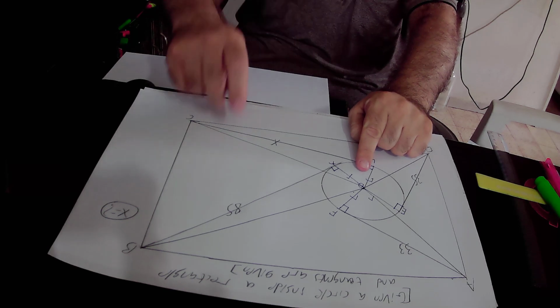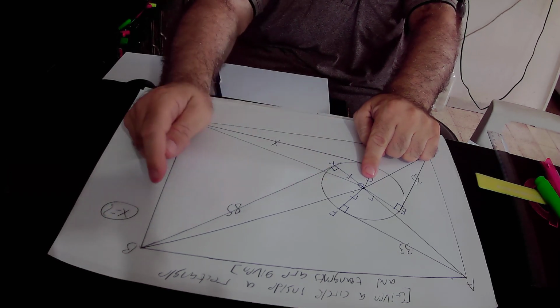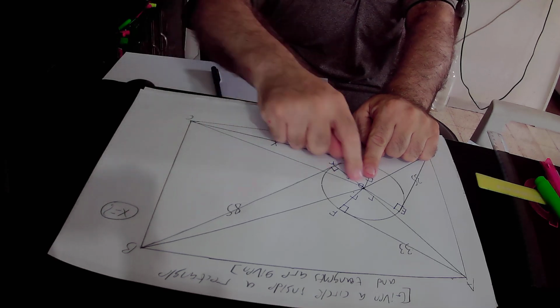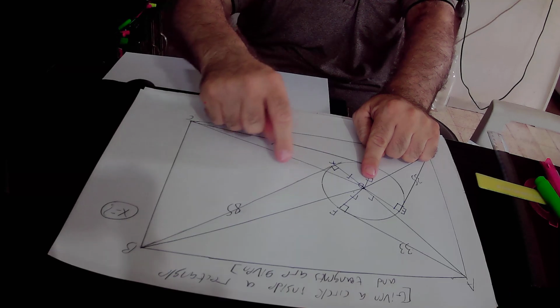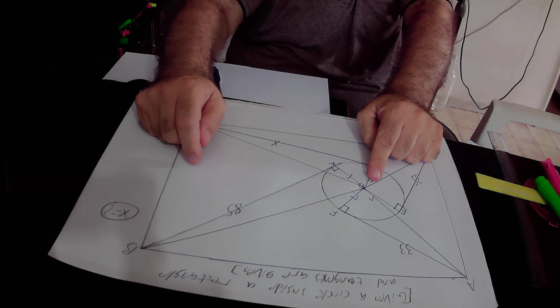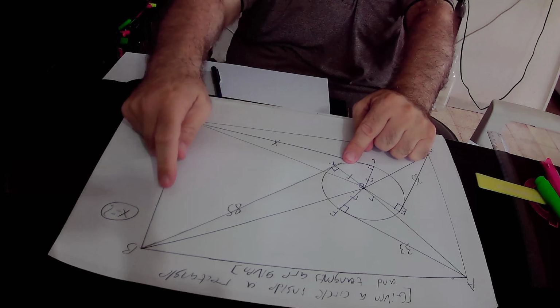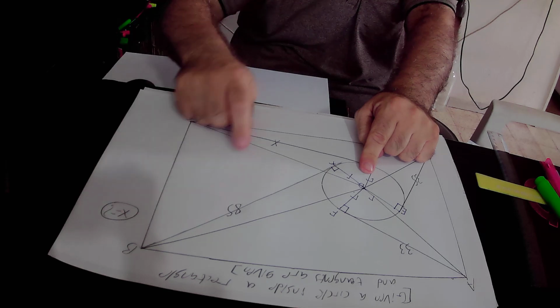Then we joined points B and O together by a straight line. In this way we created the right triangle BTO. And then we implemented the Pythagoras theorem on the right triangle BTO. According to the Pythagoras theorem, OT square plus BT square equals OB square.